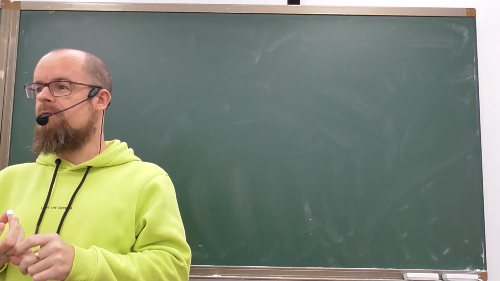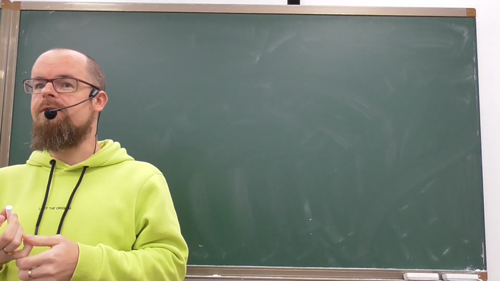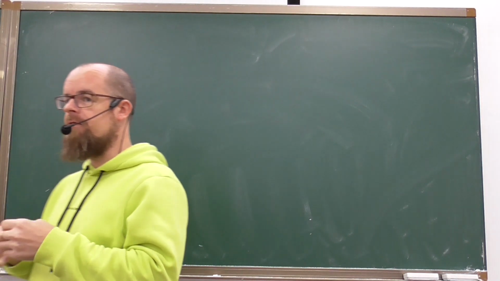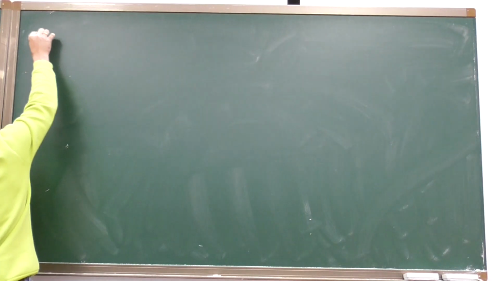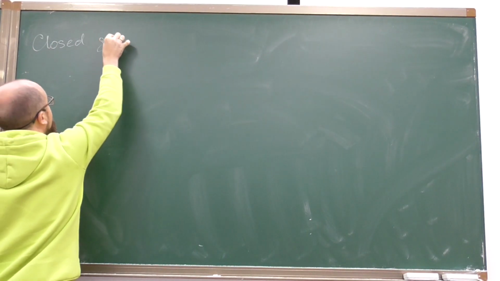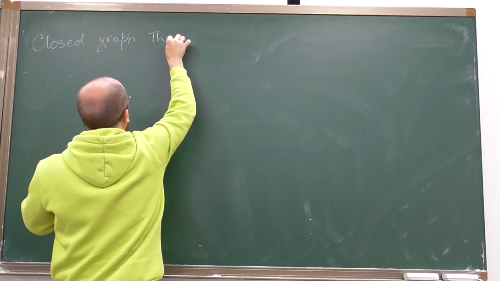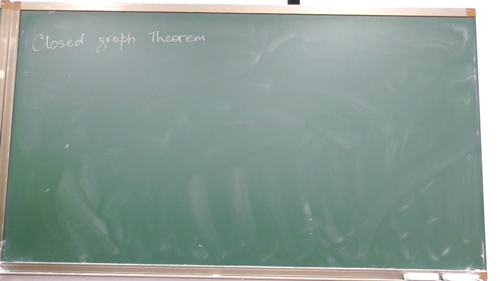We have only one topic to discuss, and this topic is the closed graph theorem. Before we define the notion of the graph, and of the closed graph, let me recall how we define the norm on a Cartesian product.